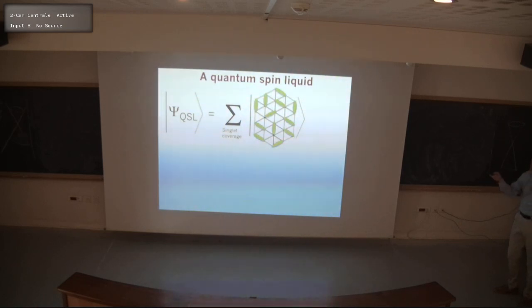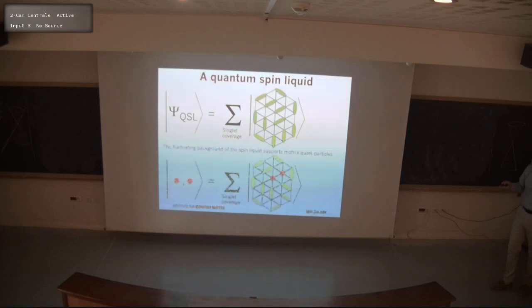You can do it in many ways on these kinds of lattices, and so you have this quantum superposition of all of those states. That actually is a very novel and important kind of state of matter, which is characterized by entanglement. We'll talk more about that, and it's also characterized by having fractionalized quasi-particles.